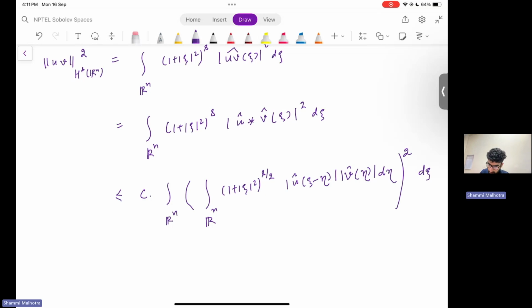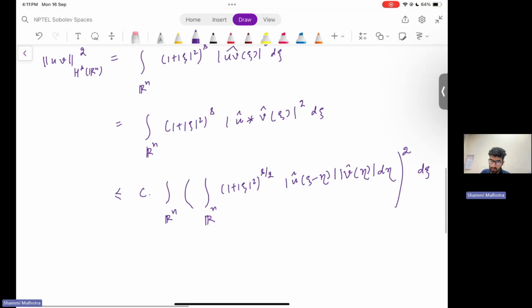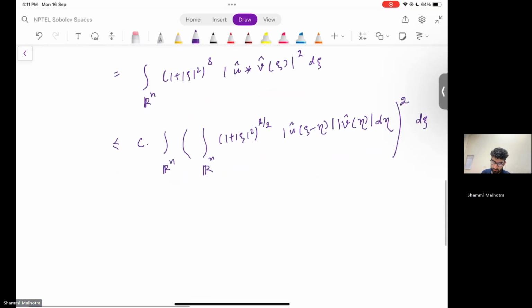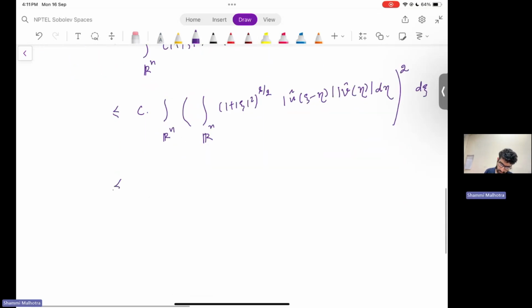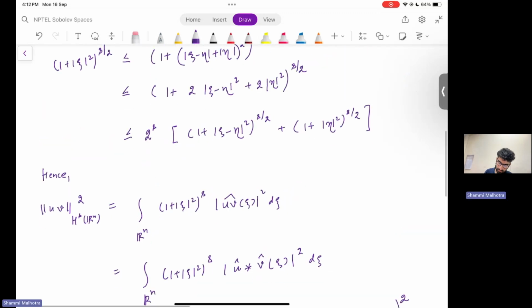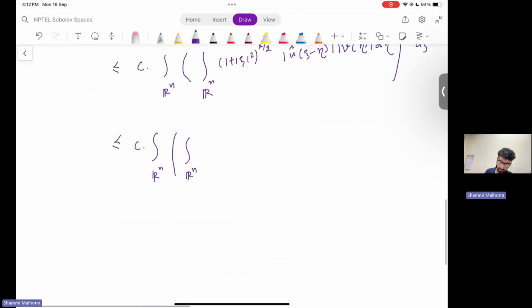What I did here is consider (1 plus mod xi square) to the s by 2, take the whole square outside, and then open the convolution. So I applied the definition of convolution at xi, and next I will use the expansion we did, this inequality. This constant will be another constant, say c1.